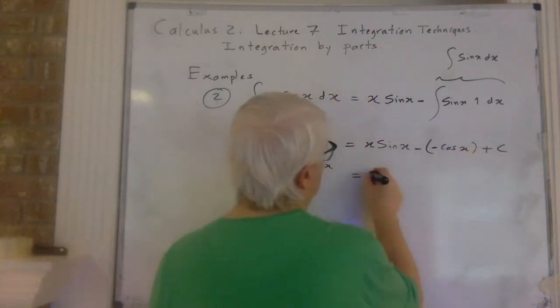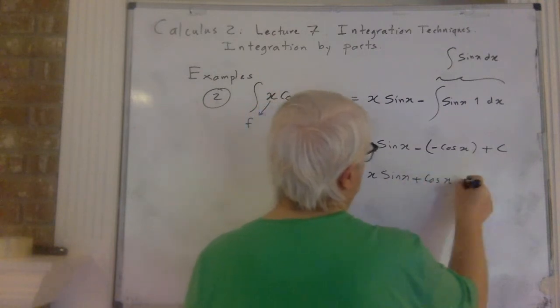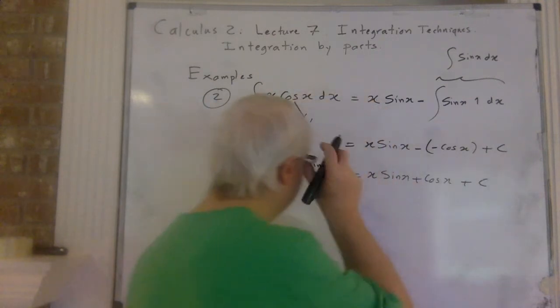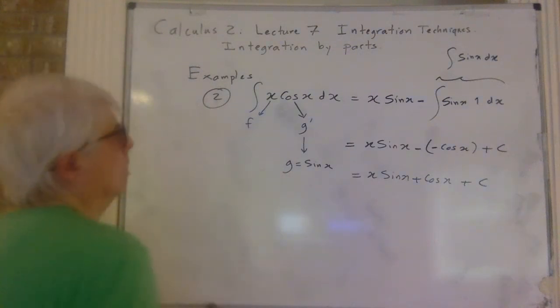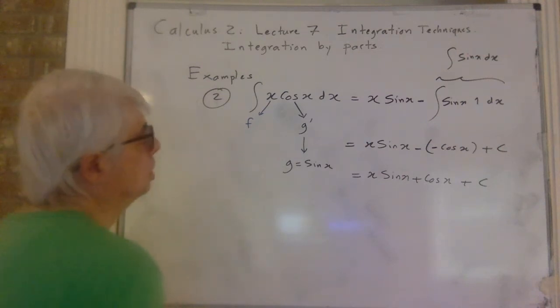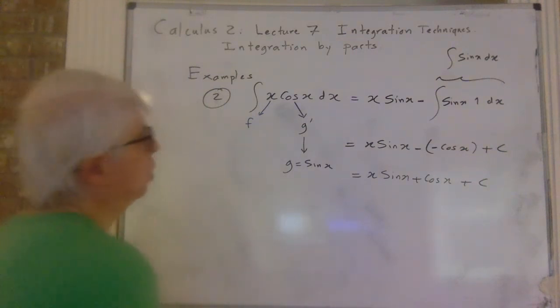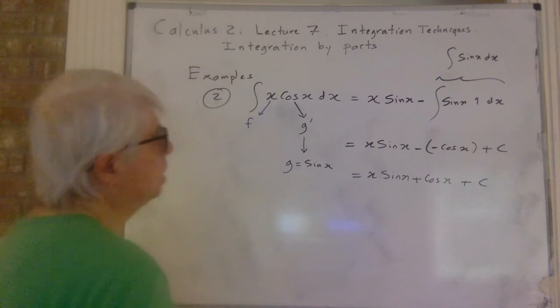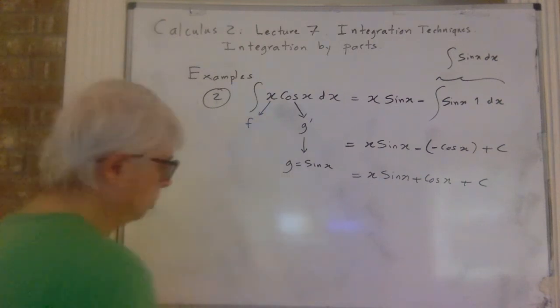So it is x sine x plus cosine x plus c. Okay, so that's another one. You can guess that x sine x also can be solved using integration by parts. So x e to the power x, x sine or cosine x, these are the two important ones.